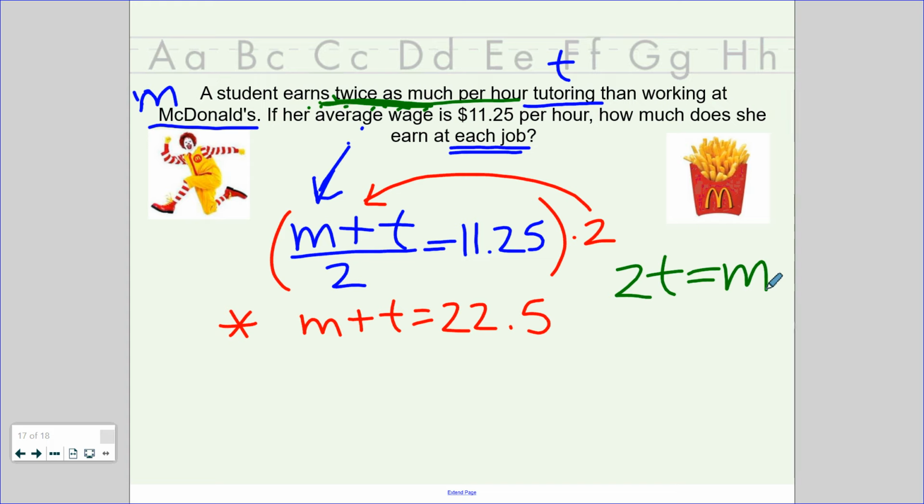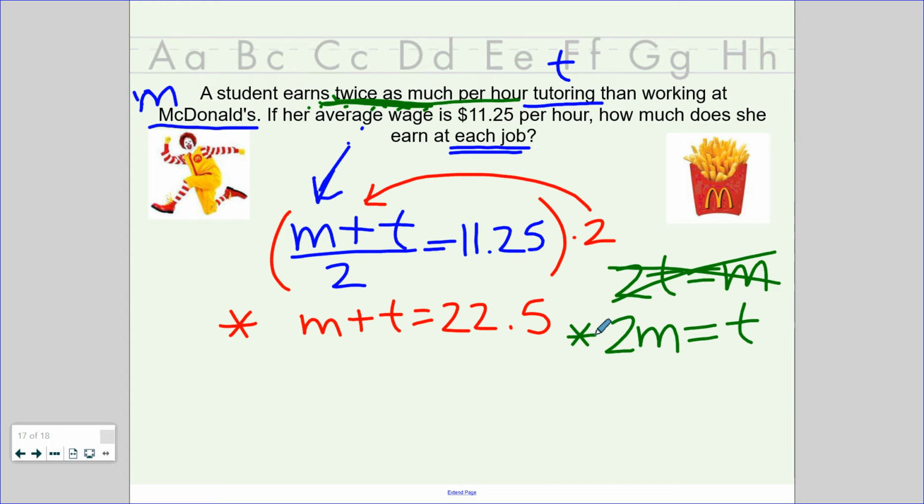But that doesn't make sense because we know she makes more money tutoring. So instead, we say 2 times her McDonald's wage equals her tutoring wage. Therefore, her tutoring is twice her wage at McDonald's. And that is your second equation.